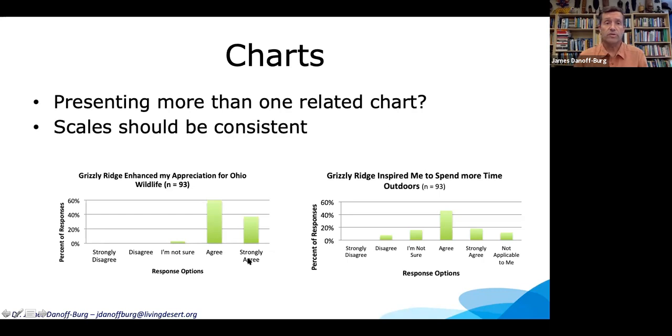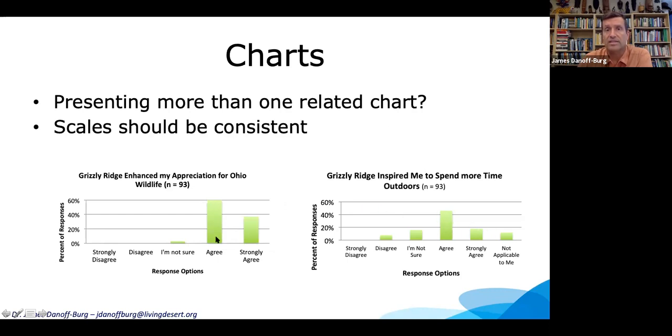For each of these, what we would like to make certain that you do and emphasize that when you're showing your descriptive data, if you're trying to make a point of comparing these 2 pieces of data, these 2 items, make certain that the scale on the y-axis here is the same. Because if you have this being maxed out at 60% at the largest value on the screen, and this one maxed out at 100%, it'll make these agree and strongly disagree, which are much more common than inspiring me to spend more time outdoors.